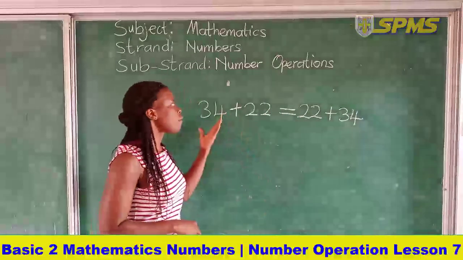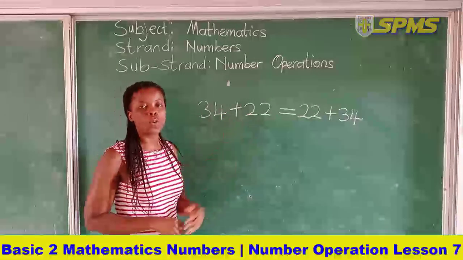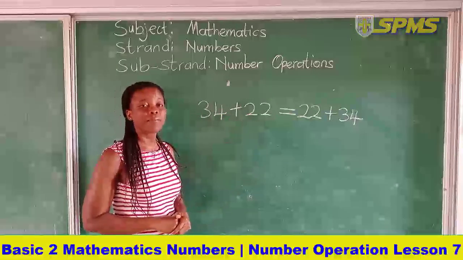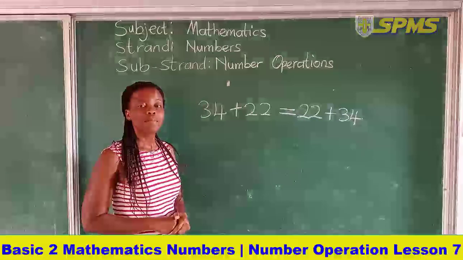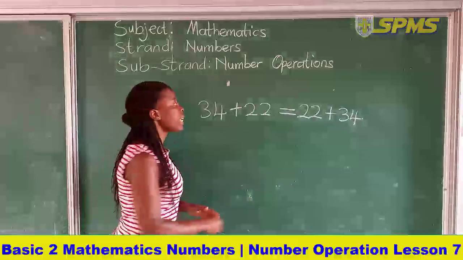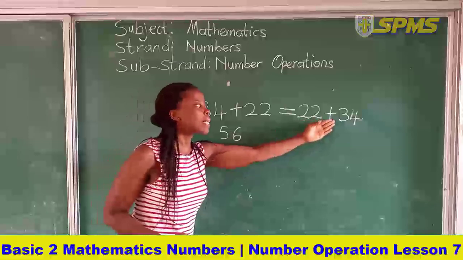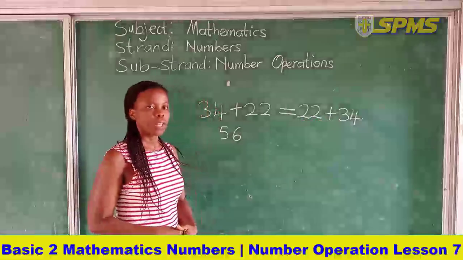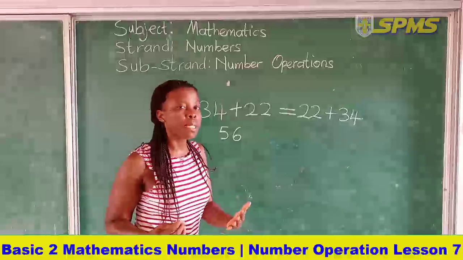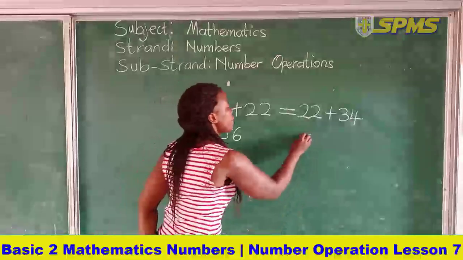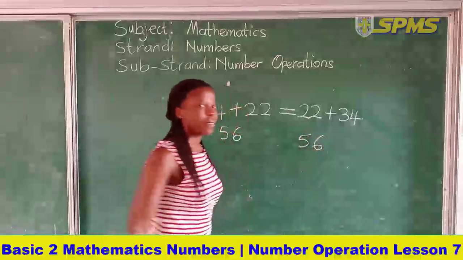So we are going to add to see whether we get the same sum. Okay, 34 plus 22. What is going to be the answer? Quickly. It's going to be 56. Now 22 plus 34. You are still going to get the same sum, which is 56.